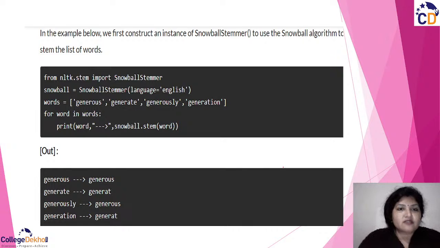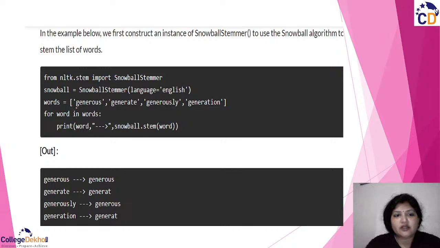In that case, we will be importing this module, the Snowball stemmer, and then I'm going to put a list of items in words, and then we check using a for loop, calling the function one by one. Why are we using this for loop?